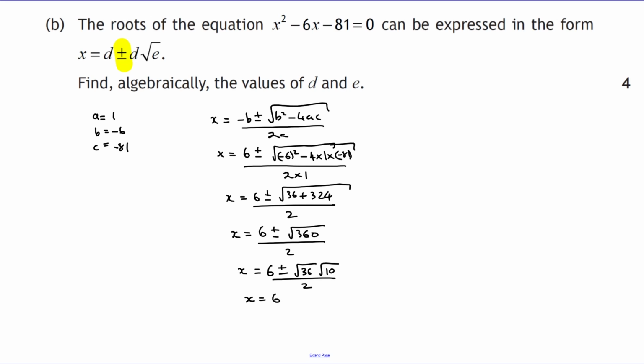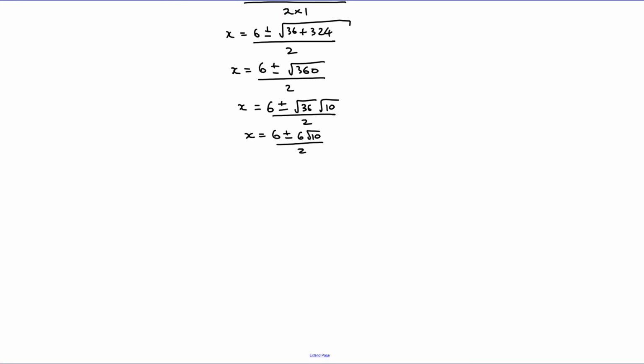Now, if we continue with that, that's 6 root 10 all over 2. And now what you'll notice is that each of the whole numbers are multiples of 2, so we can divide each of these by 2. We get 3 plus or minus 3 root 10 all over 1. If you're dividing by 1, that's just 3 plus or minus 3 root 10, which is what we were looking for.